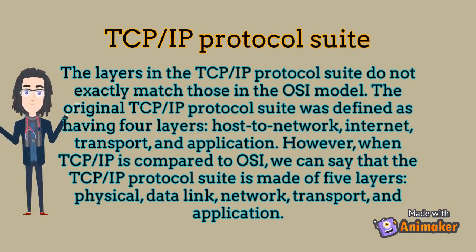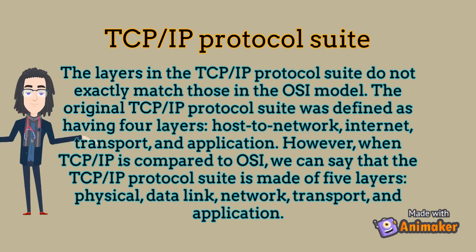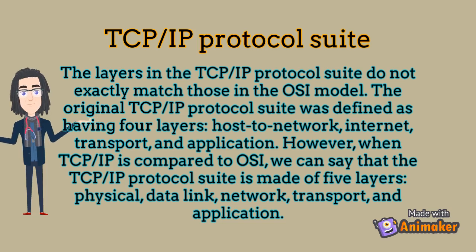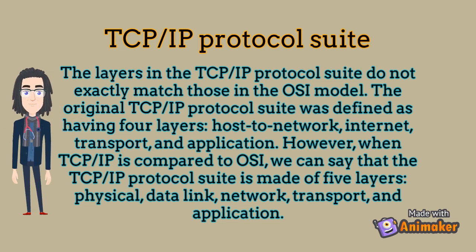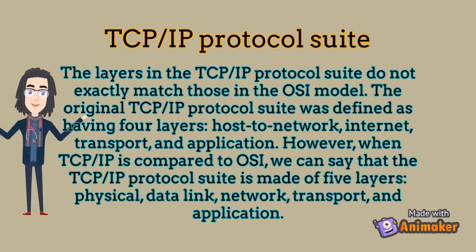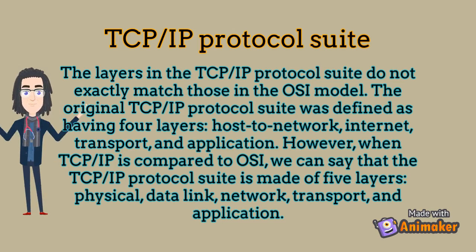TCP/IP protocol suite. The layers in the TCP/IP protocol suite do not exactly match those in the OSI model. The original TCP/IP protocol suite was defined as having four layers: host to network, internet, transport, and application. However, when TCP/IP is compared to OSI, we can say that the TCP/IP protocol suite is made of five layers: physical, data link, network, transport, and application.